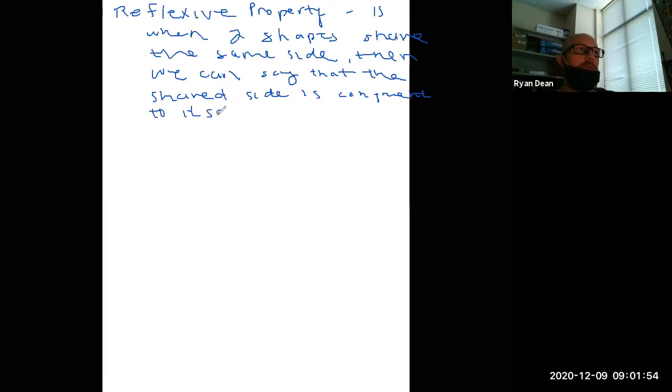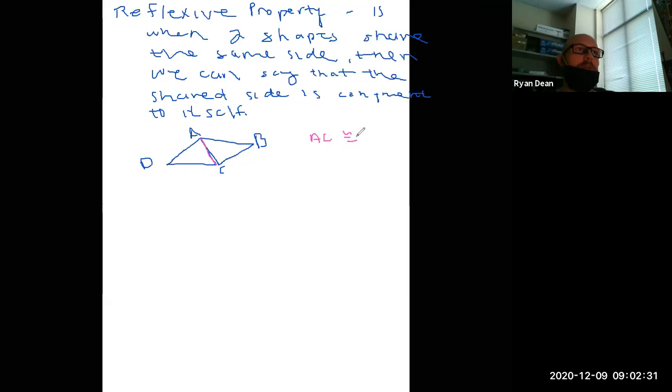Okay, so that's how we're going to use a reflexive property. So if you see a picture that's something like this, you have 2 triangles, and then you have this line that they both share. If you see this, AC falls into this category because both of these triangles share side AC, so AC is congruent to itself.